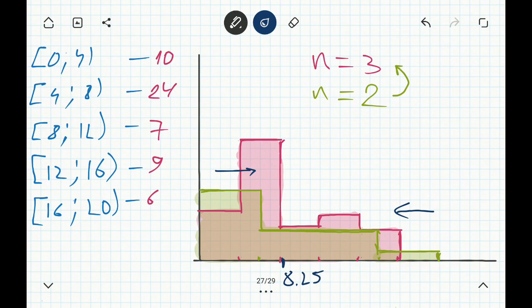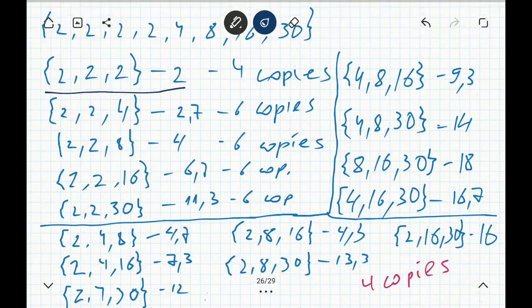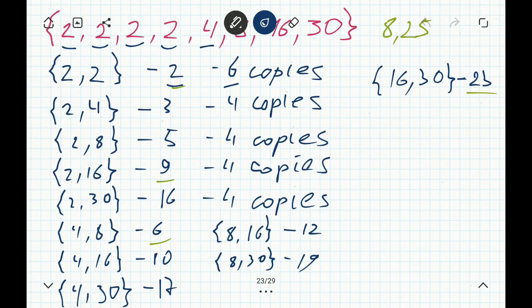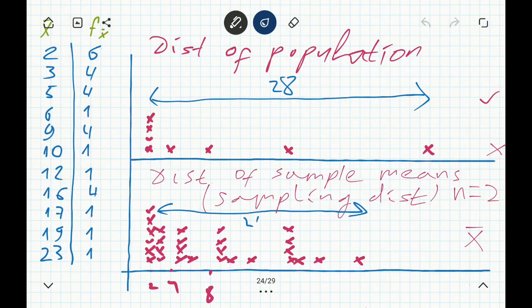And also, if you calculate the mean of all the sample means, then you will get the true population mean. So it would be easier to check that here. So you have the frequency table, you can calculate the mean, and you will get 8.25, which is the population mean. Okay, so that's the common rule.